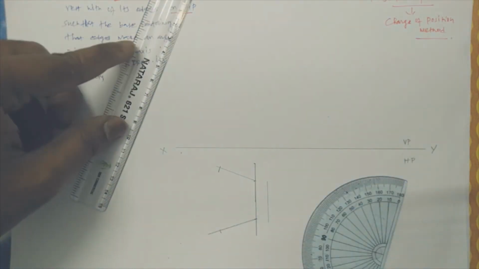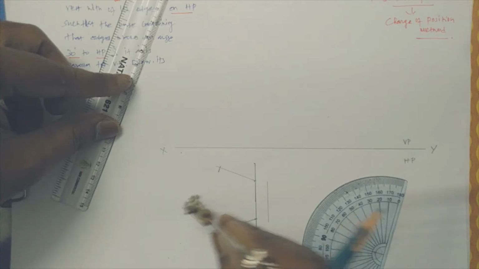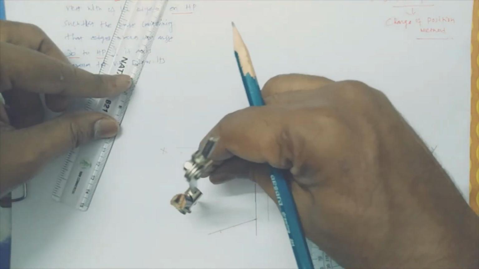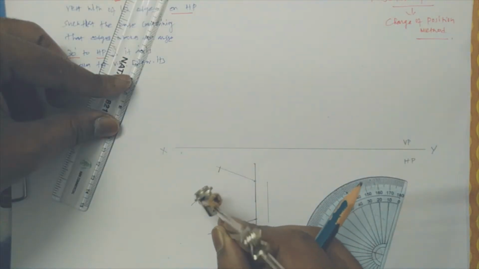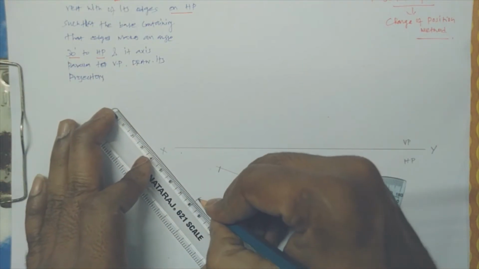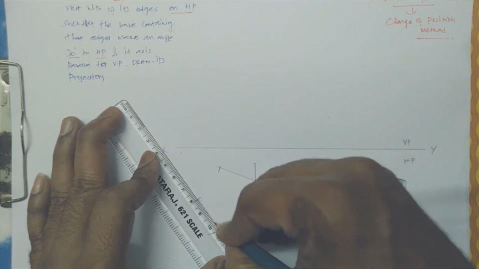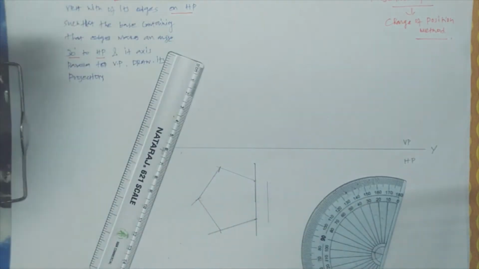Okay, so after that, when you are keeping it here, these are all the points to make a pentagon. Okay, fine.